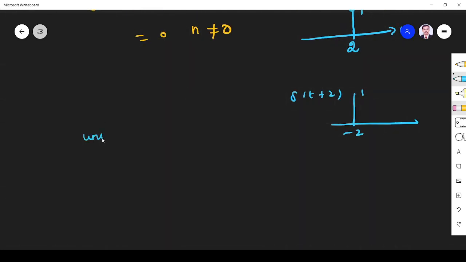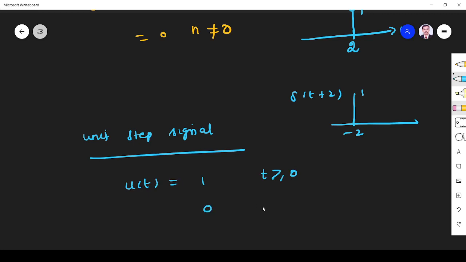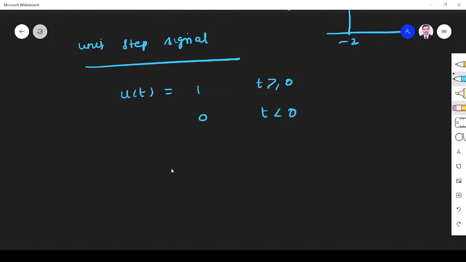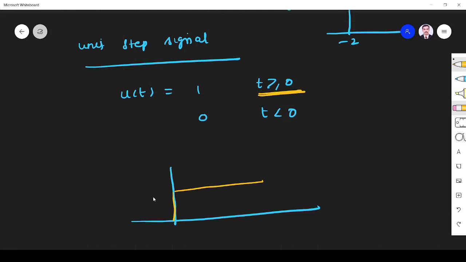Next, unit step. Unit step signal, the general notation is u of t. It is equal to 1 when t is greater than or equal to 0, 0 when t is less than 0. So u of t I can write as: when t is equal to 0 to infinity, it is having amplitude of 1. So this is u of t, right?